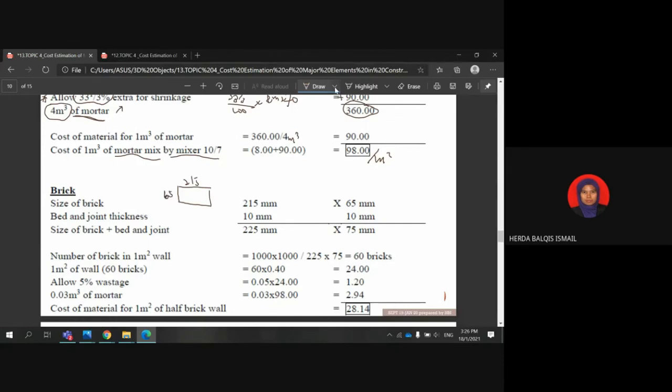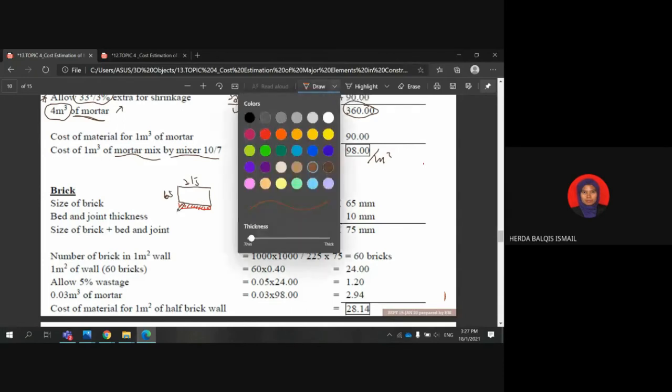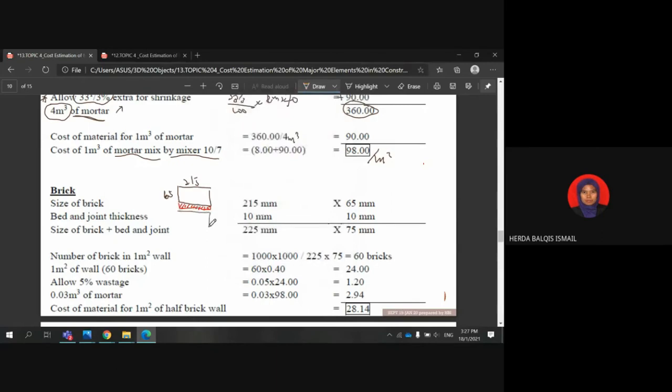So you need to consider the bed and joint. As I mentioned earlier, the bed is the mortar that you need to place under the brick, in order for you to fix it with another layer of brick.